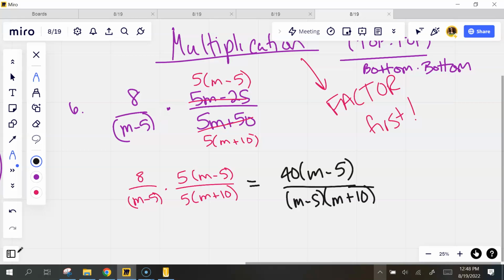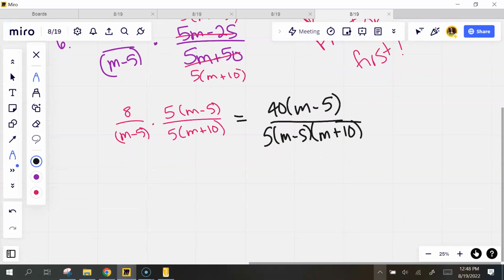All right. Now I'm gonna cancel out what I can, and I'm gonna work on simplifying this. It's just in the front now. This means if there's no sign in between, that means multiply.